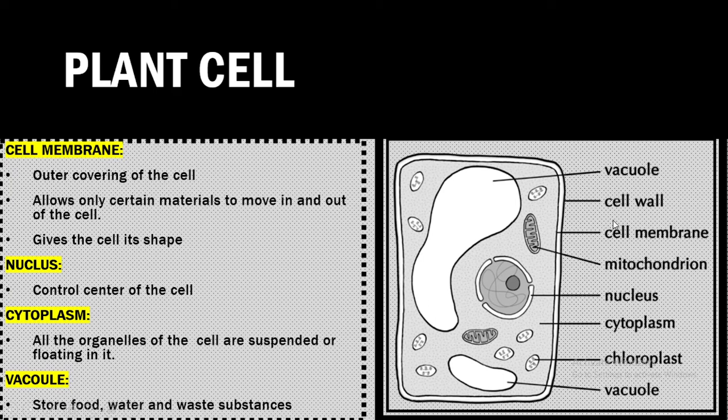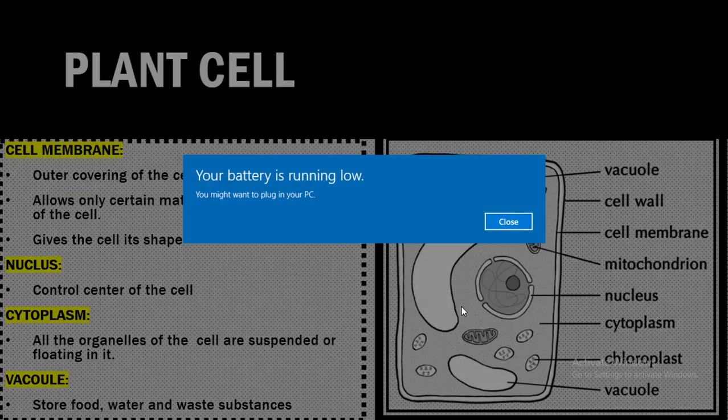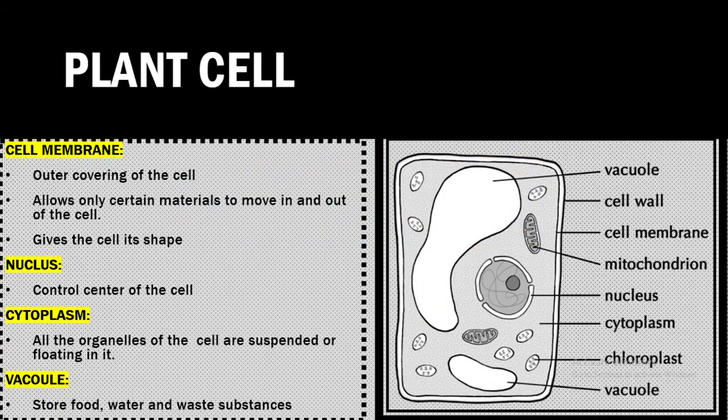Just like that, the cell membrane, just like the nucleus, cytoplasm, and vacuole. But you can see the difference between the animal cell and the plant cell. Same as the function of the cell membrane, the outer covering of the cell allows only certain material to move in and out of the cell and gives the cell its shape.